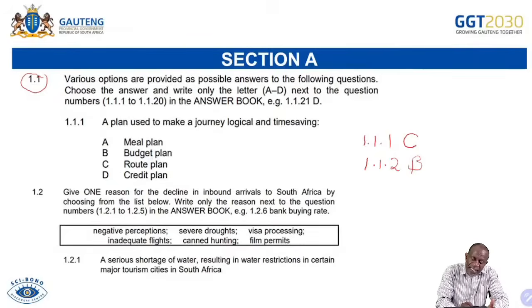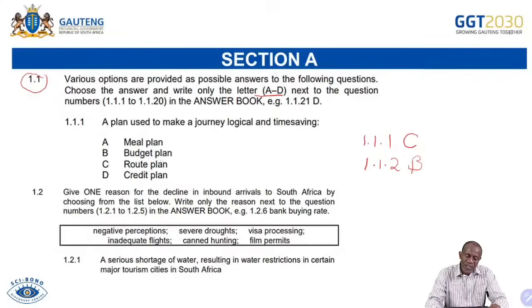Do not write these answers in full. The instruction says you choose between A to D. So do not write the answers that are provided here in full, but write the letter that represents the answer. Right, that is how you answer question 1.1 from your question paper, which is your multiple choice question.